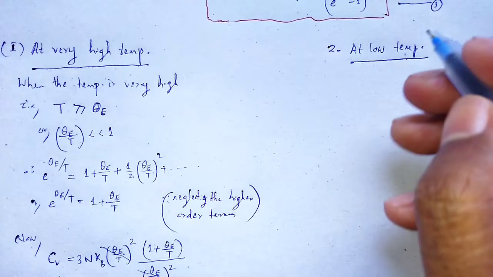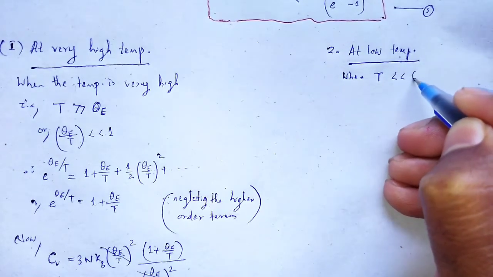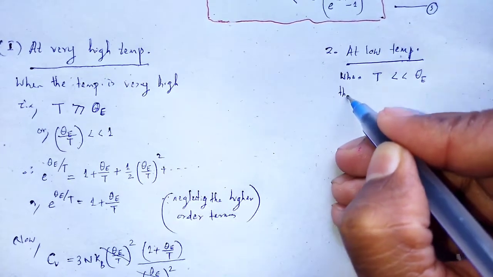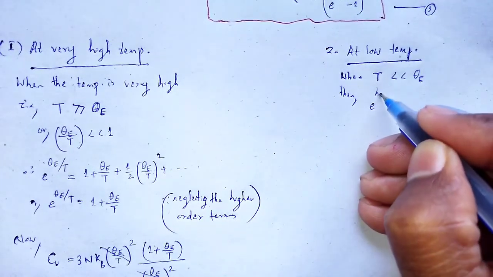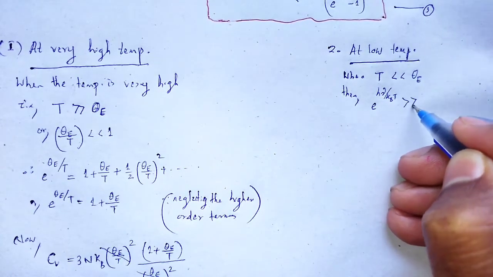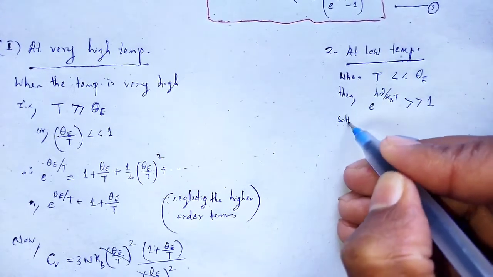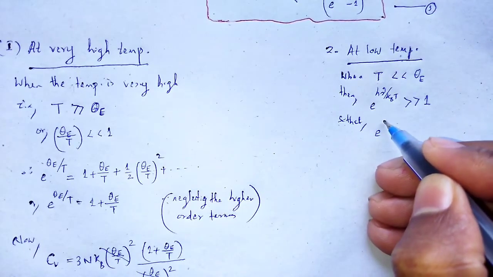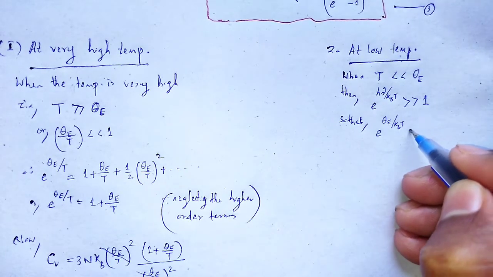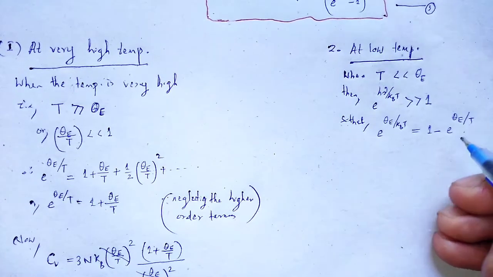At low temperature, when T is very much less than Einstein's temperature theta e, then e to the power h nu divided by kBT is much greater than 1, so that e to the power theta e by T minus 1 is approximately e to the power theta e divided by T.